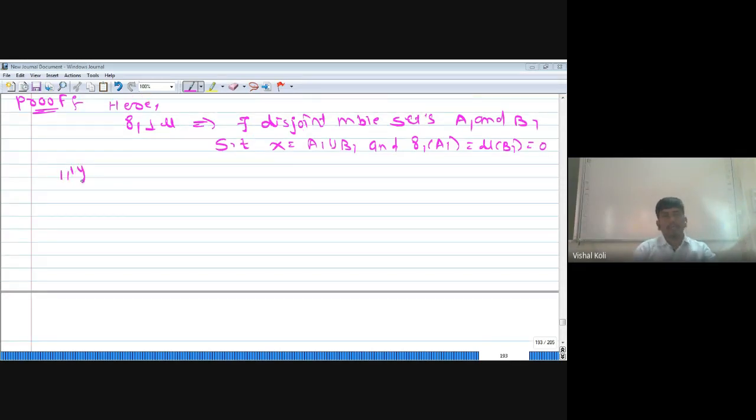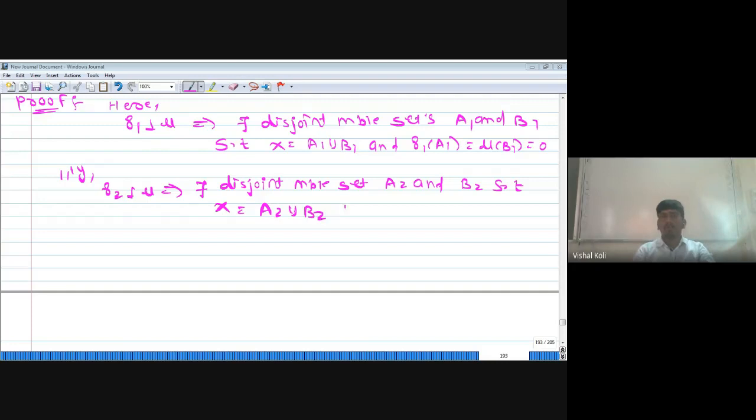Similarly, gamma 2 is mutually singular with mu, which implies there exist disjoint measurable sets A2 and B2 such that X is A2 union B2 and gamma 2 of A2 equal to mu of B2 equal to 0.